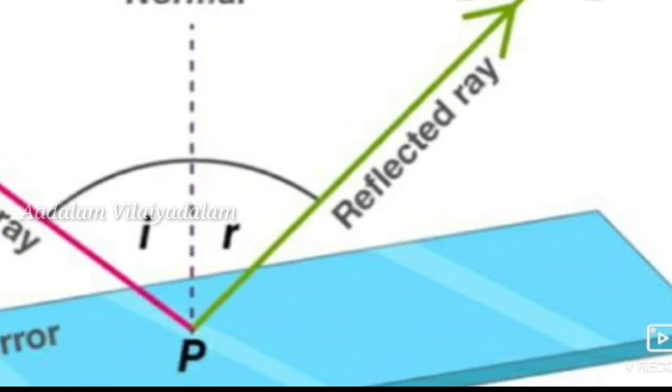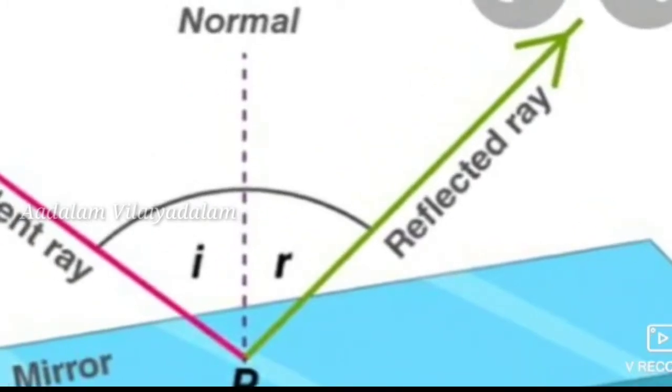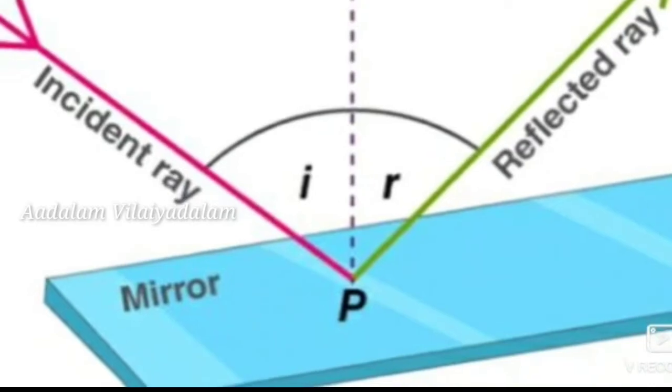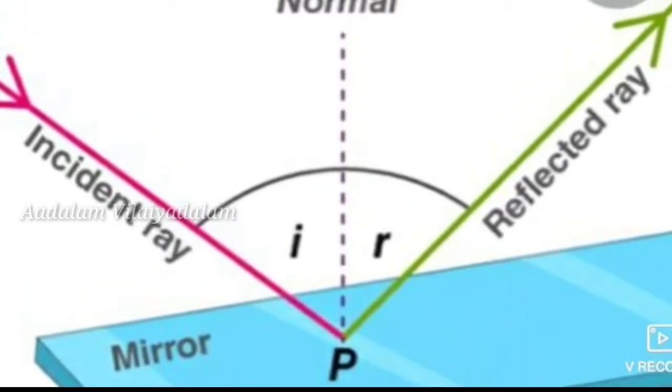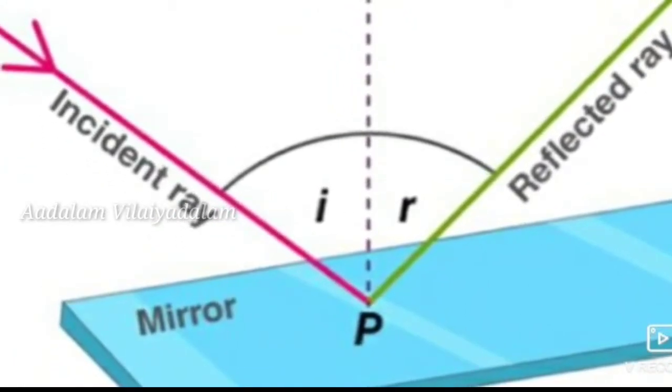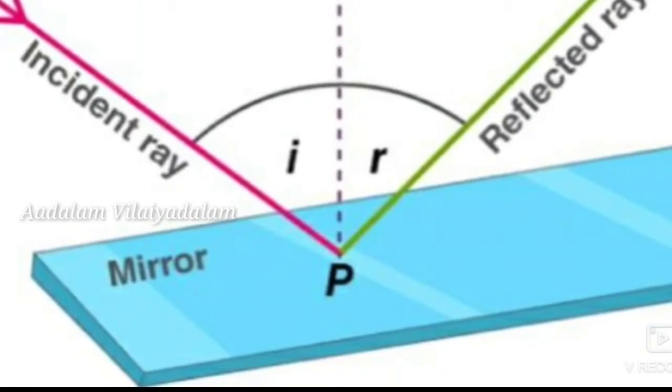This green arrow represents the reflected ray R. So the pink one is the incident ray I and the green one is the reflected ray R. The point where the incident ray falls and the reflected ray is formed is known as the point of incidence. It is represented by the letter P or O.